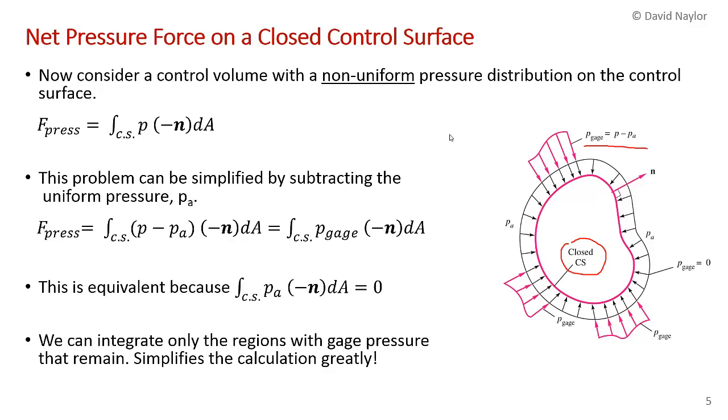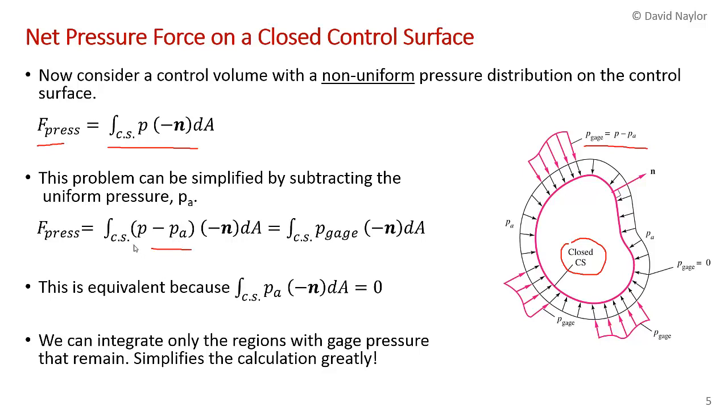So again, the total pressure force here would be the integral of the absolute pressure over that complicated shape, and then again the minus n is to take care of the direction. Now, it turns out we can simplify this problem by subtracting out the uniform pressure. So I've rewritten this and I've added minus PA. This is the absolute pressure P, and PA is the uniform atmospheric pressure.